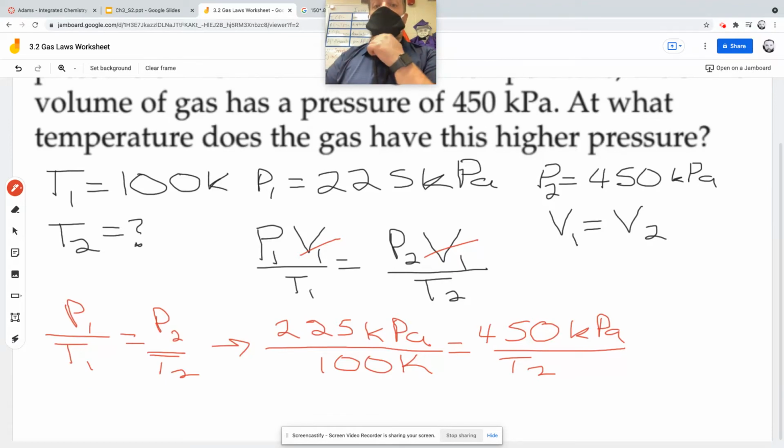Now that's a proportion. Does anybody remember how to solve proportions? What do you do to solve a proportion? Has anyone ever taught you the bat and ball method? No? Well, to solve a proportion, you're going to do cross multiplication. So I'm going to take this and multiply this together.